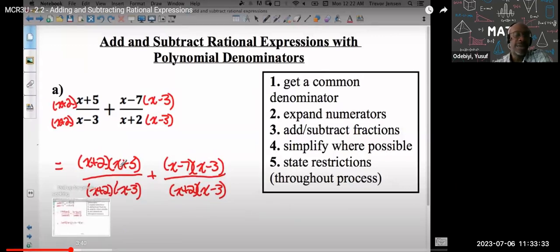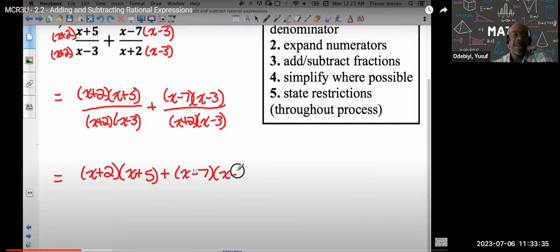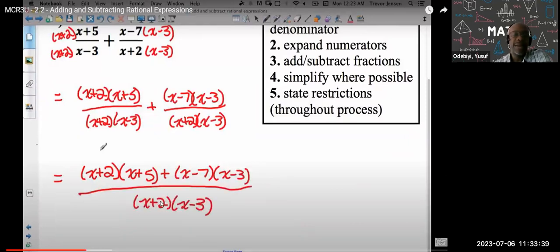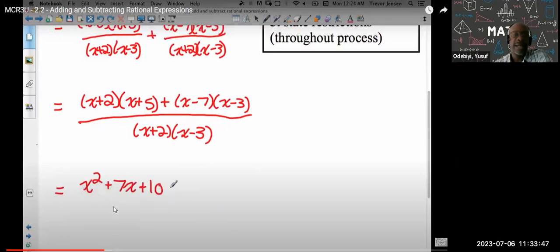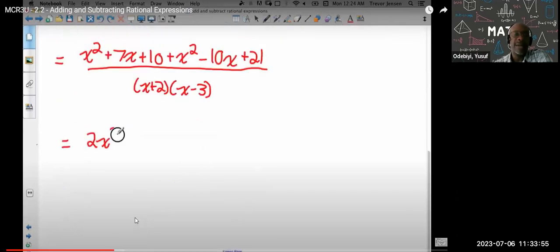So you can see the numerator is being built up here. Now here's one denominator, okay? Now he's going to do the FOIL method, which I just showed you. Okay, there you go, x squared plus 7x plus 10, that's what I did before. And there you go, and all over one denominator.